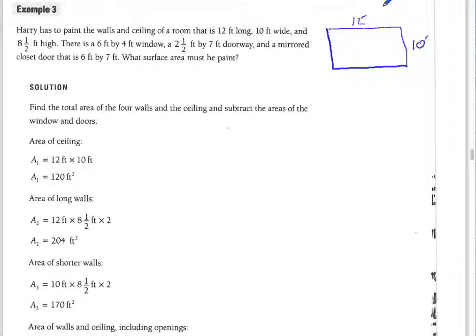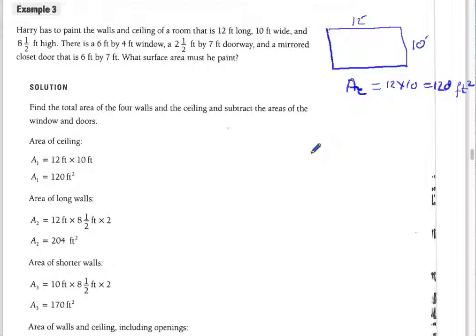Now that would be equivalent to the floor plan of the room, but remember that's also equivalent to the ceiling. So this gives us the area of the ceiling in a sense. So area of C for ceiling is going to be 12 times 10, or 120 square feet.